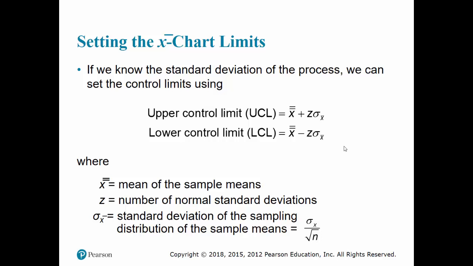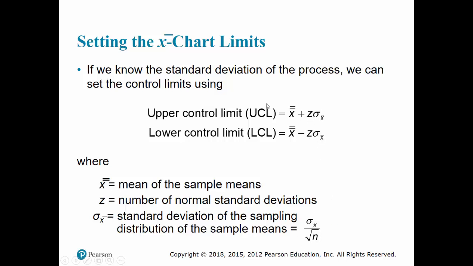Then for each sample, you compute an x bar, and then find the mean of all those x bars. That's your x double bar, the mean of the sample means. And for the moment, let's assume that we already know what sigma is. So sigma over square root of n will give you sigma sub x bar.